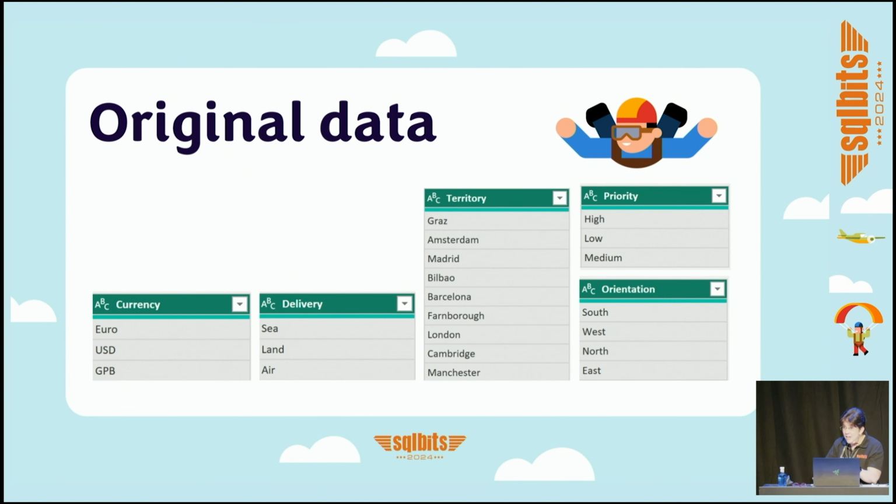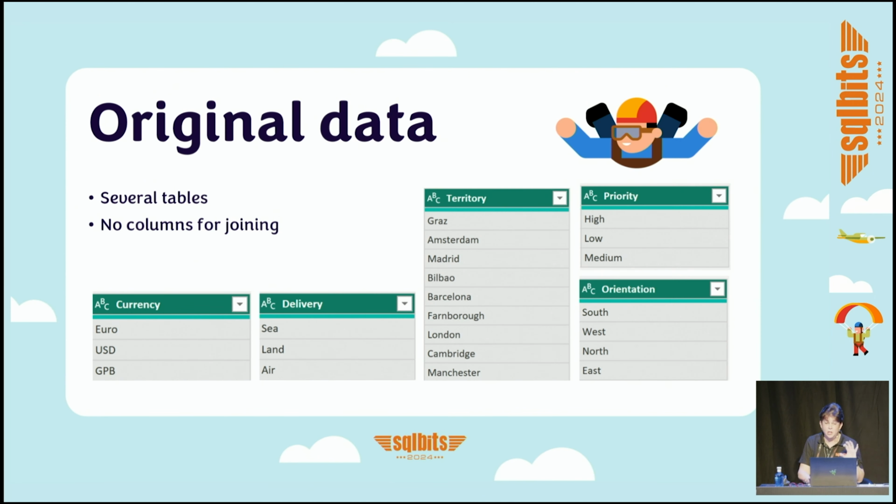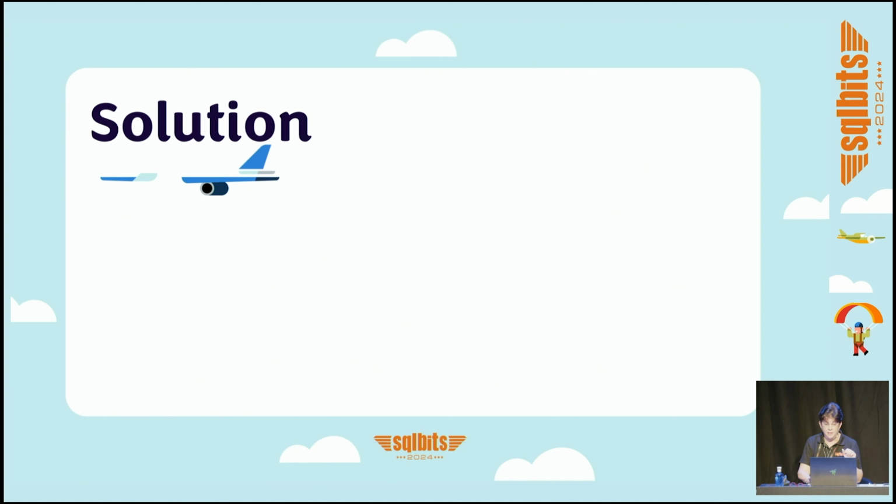Okay. If we have our data in different shapes, that means data comes from different sources, we have several tables with no columns for joining. Okay, this is a different situation.